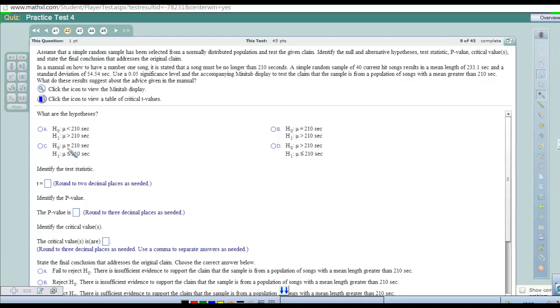Can't be A. Test the claim that the sample is from a population with a mean greater than. So mu is greater than 210. That would be my alternative. And so it's B. The claim is that it was greater than.